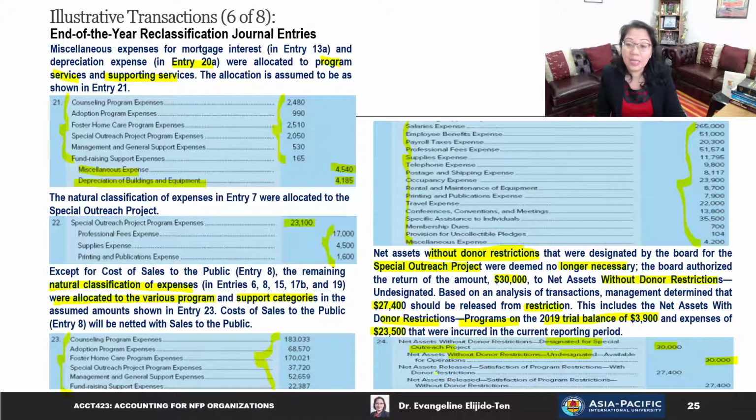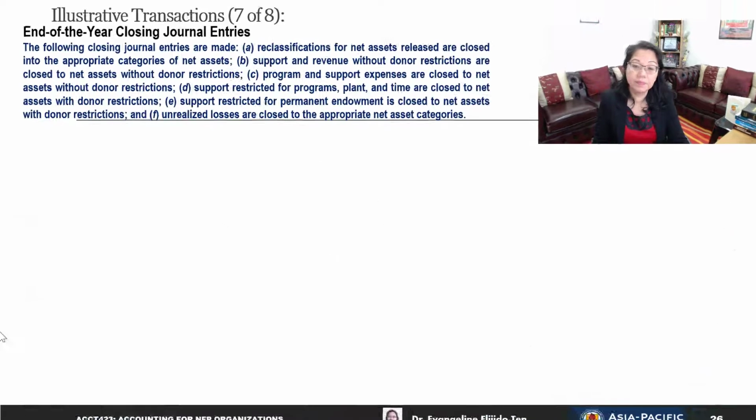And the next entry would be to debit net assets released, satisfaction of the program restrictions with donor restrictions for that $27,400, and credit net assets released, satisfaction of programs restrictions without donor restrictions for the same amount.